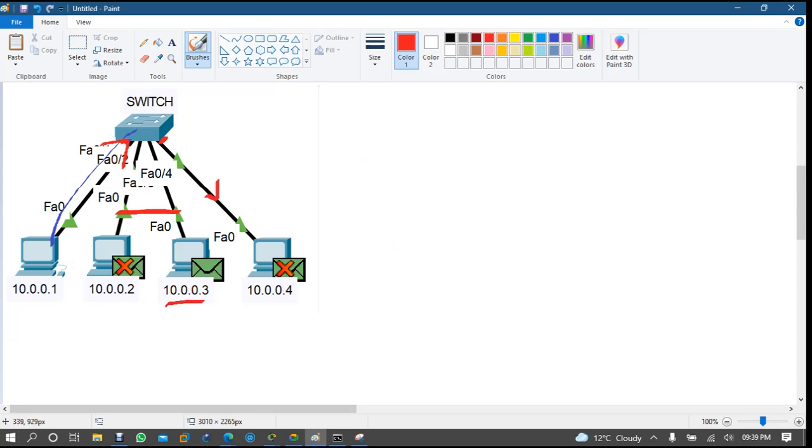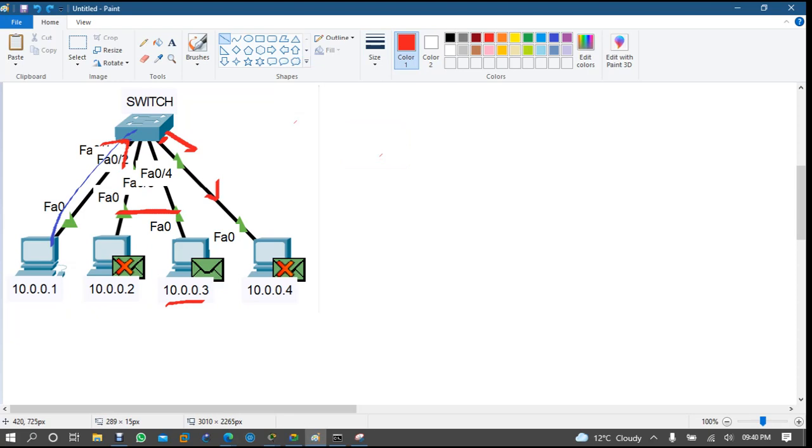Suppose this is the switch. Maybe someone is connected like this.